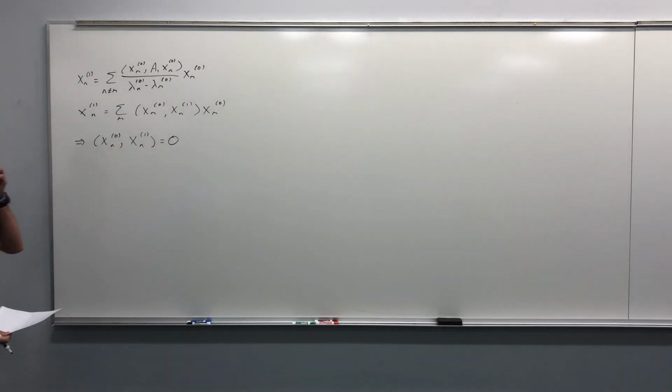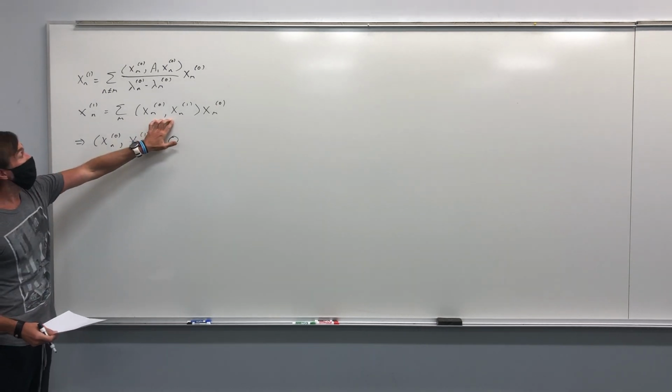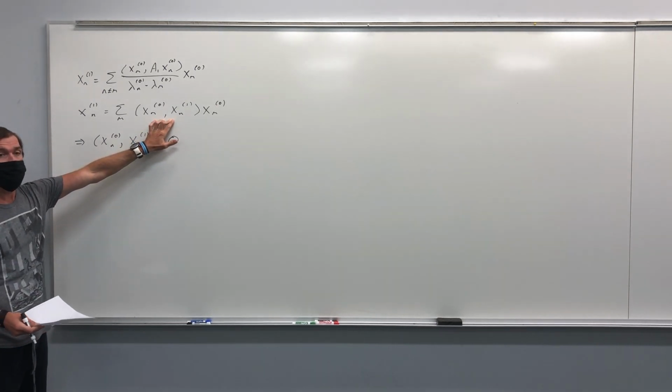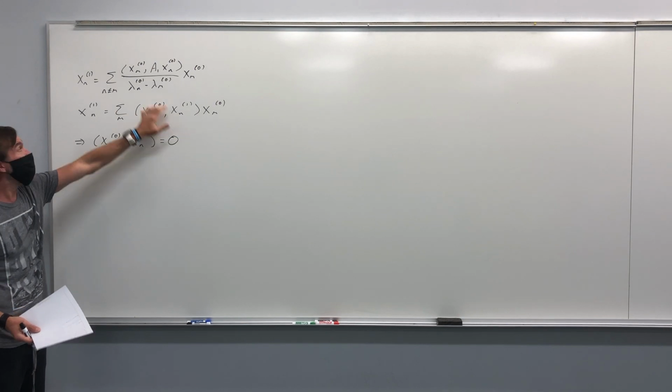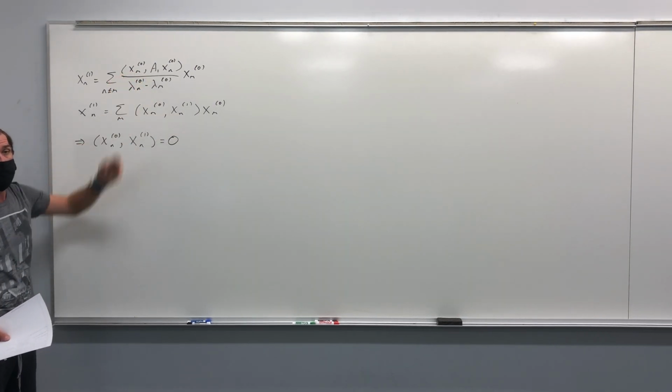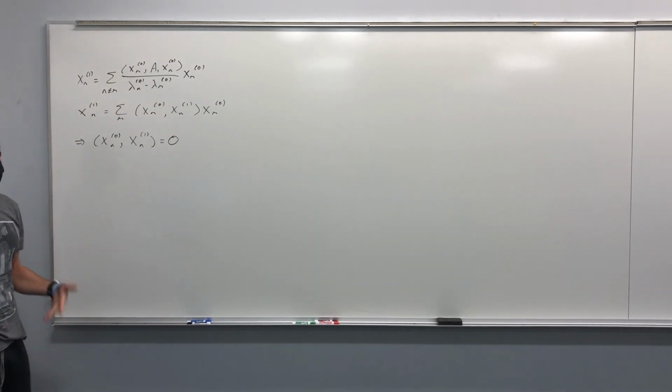Okay? Obviously then, the m equals n contribution to this, even though it's included in the sum, it's 0, and then it doesn't contribute to this anyway. Okay? So the numerator is 0, the denominator is 0, but who cares?